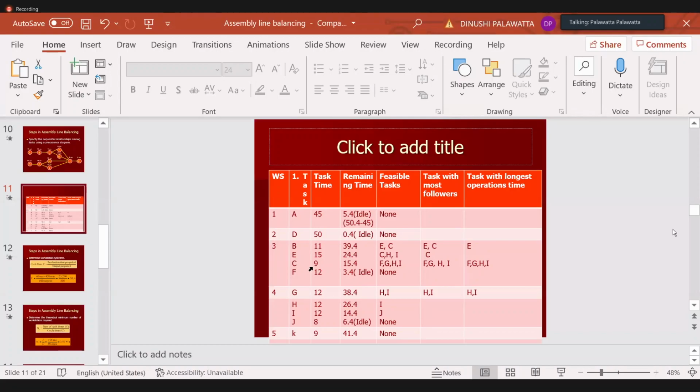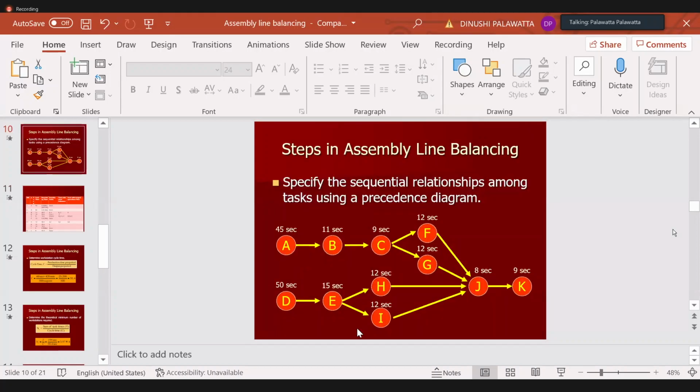So C is allocated. And then F, G, H, I are all feasible, and they all have the same time, that's 12 seconds. F, G, H, I, same time, and also they have the same number of followers, that's 2. So then we have a tie break.